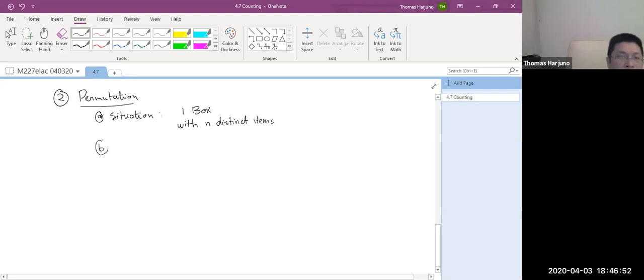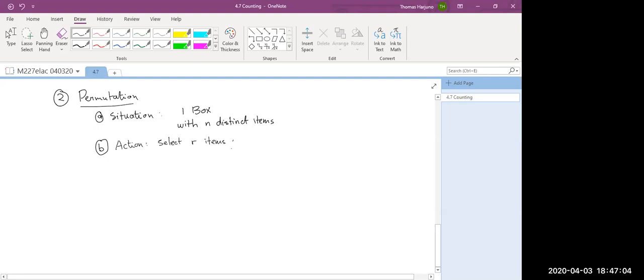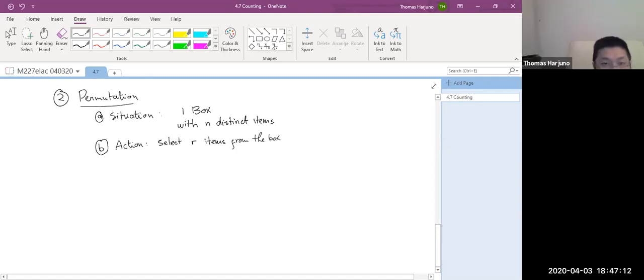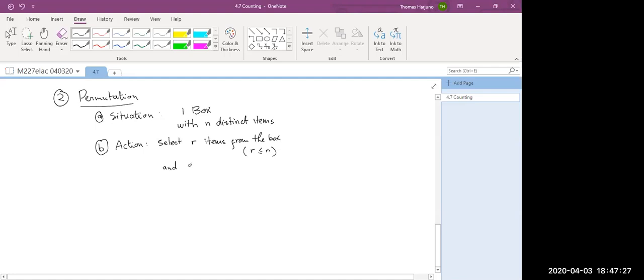And the action, what we will do in this situation, we will select r items from the box. Of course, because there are only n items, the number of items I can select must be at most equal to the number of items available. And order is important.